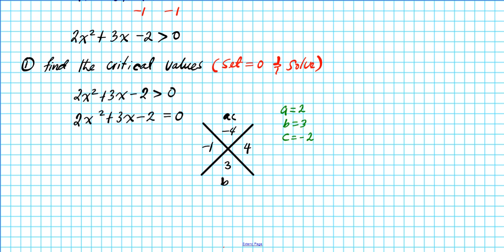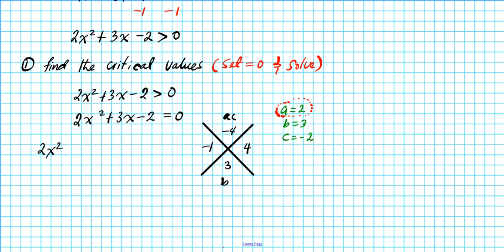Now, if you notice, the value of a is not equal to 1. So if a is not equal to 1, you have to solve this by factoring by grouping. Had it been that a was equal to 1, then we could skip to the factored state. But that is not the case here. A is not 1, so we have to factor by grouping.